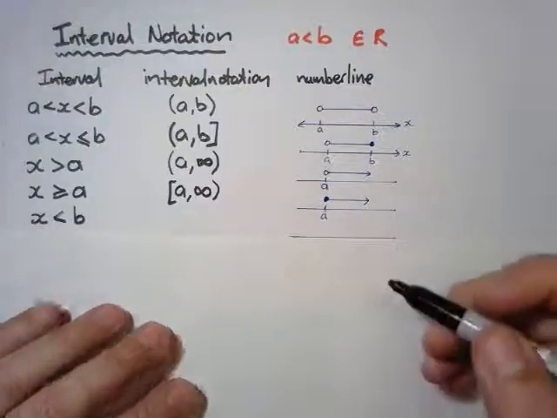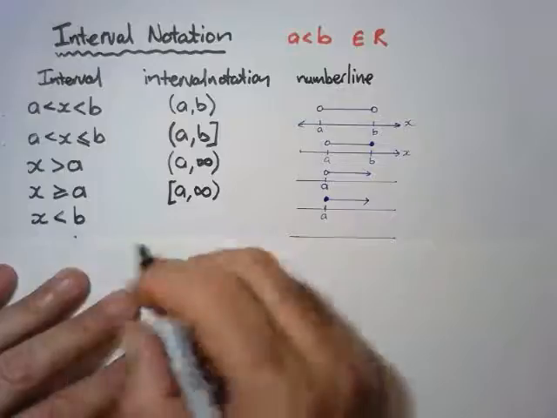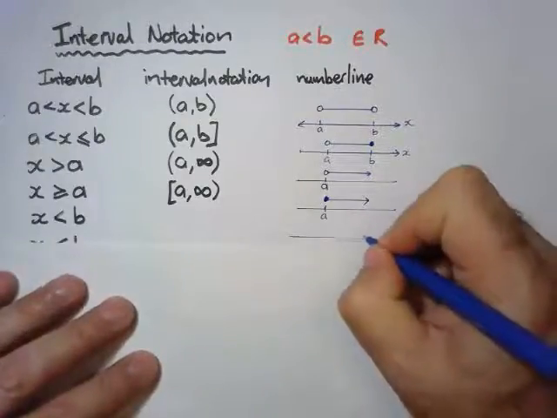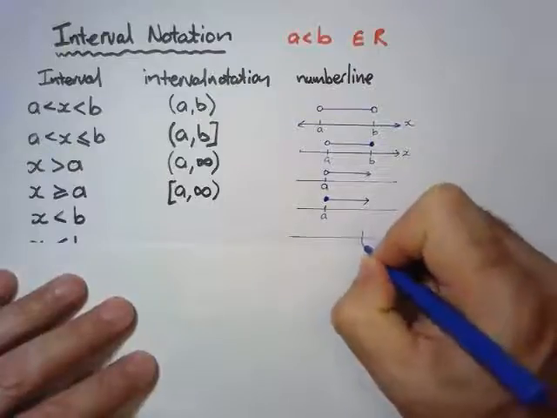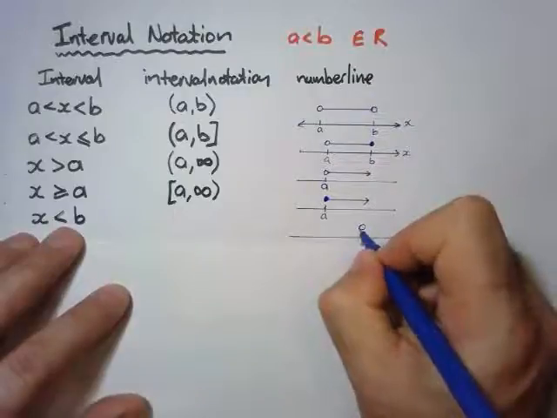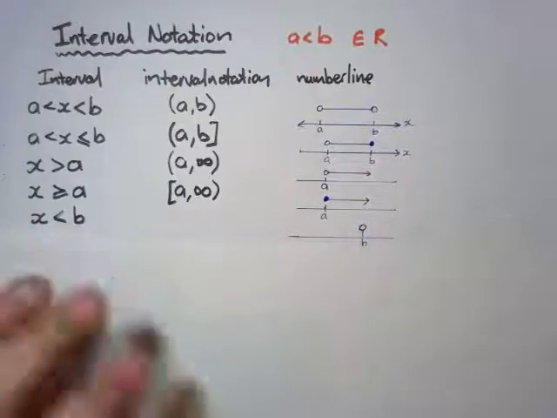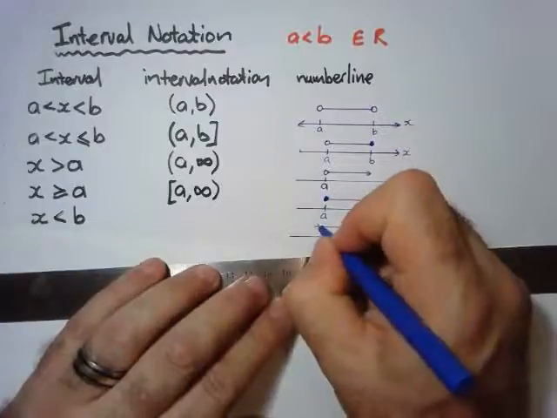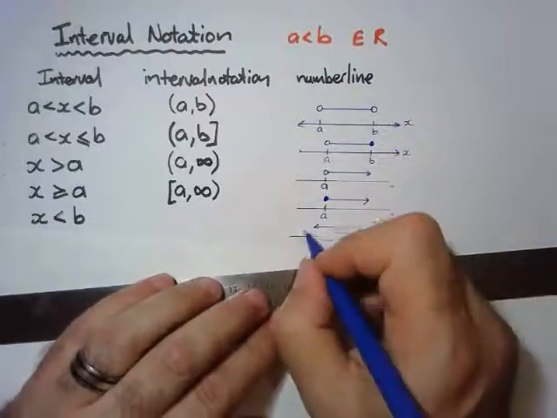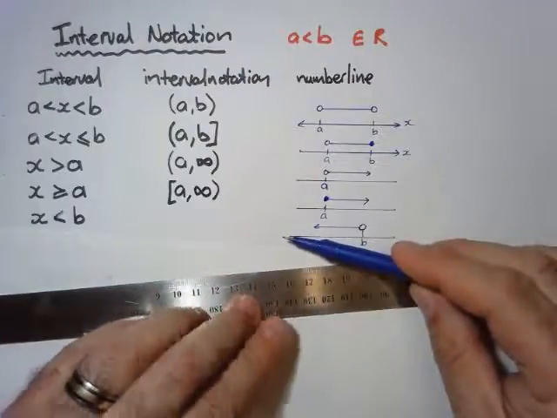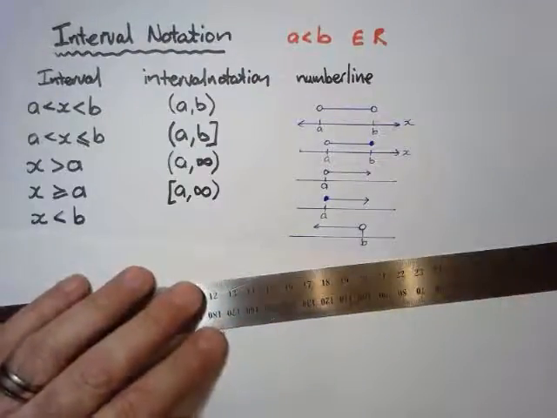Okay, I'm going to quickly fly through the rest of them. X is less than B. So if X is less than B on this line again, if I have B down here, X is less than. So it means that it's not included. It's a round thing, and it's coming in this direction because X lies beneath that, which means in this side, into that direction, it's going to go all the way to negative infinity.